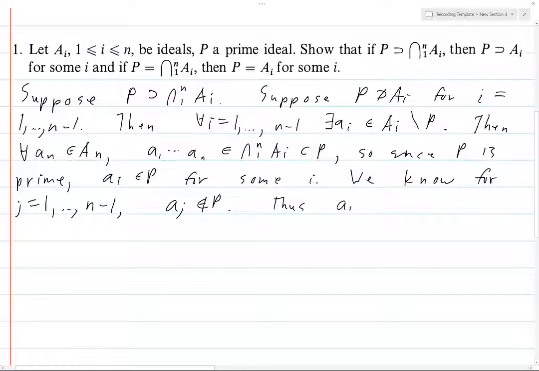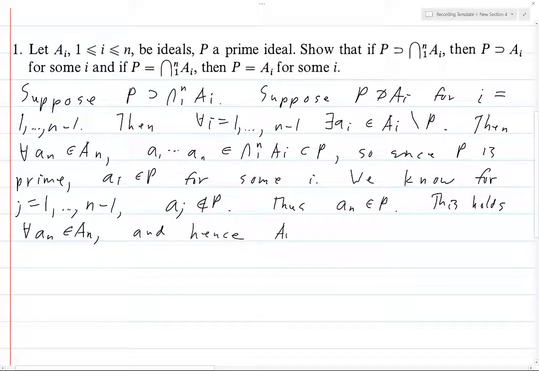Thus an must be in P because that's the only one that's allowed to be in P. Now this holds for all little an and big an, and hence capital AN is contained in capital P. So there we go.